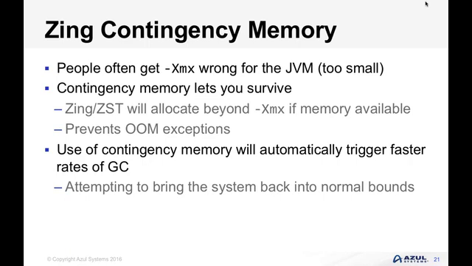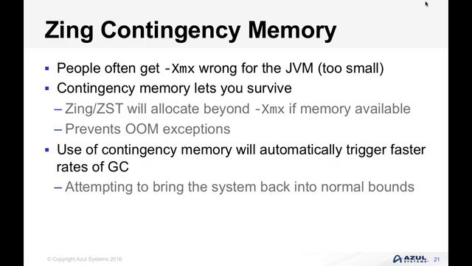If we have some contingency memory available, we can't guarantee it, because obviously if there are multiple JVMs all using contingency memory at the same time, we may run out of contingency memory. But if we have contingency memory available, we'll let the system go beyond the maximum heap size so that it can continue running. It's much nicer to have your service continue running rather than throw an out of memory exception and stop abruptly, because then people have to get involved and figure out how to restart things and make things work again.